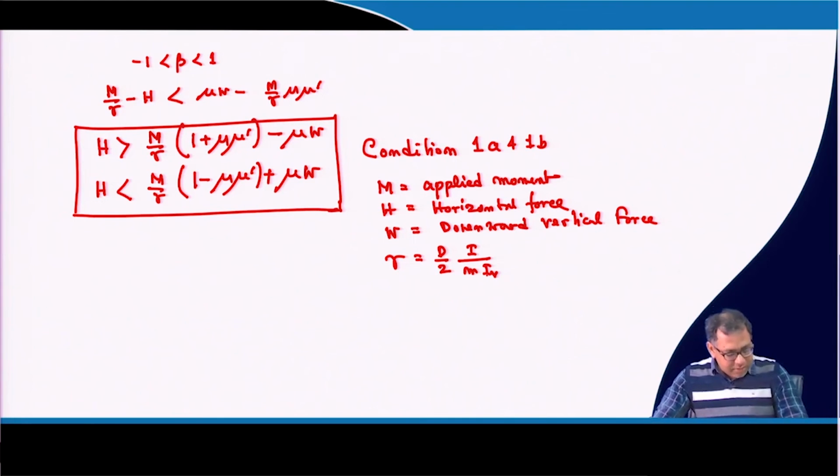So, we have to satisfy these conditions. There are not only one condition, there are a few other conditions also. I have discussed only one condition, in which there are two conditions, but there are other conditions also.